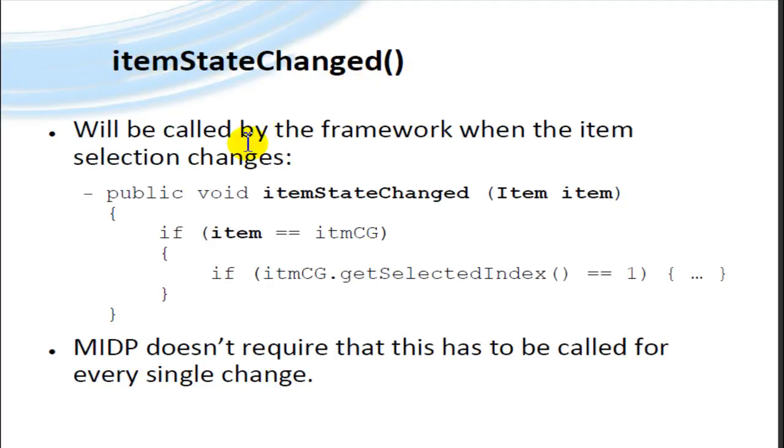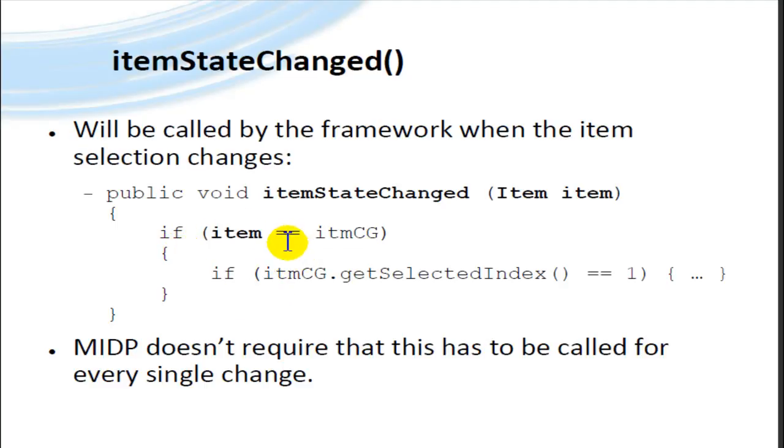This will be called when there is some state change on an item on the form, for example, and it will have one argument, that is item, because this will be called when some item changes state. That item is passed in, and then we're going to check whether that item is equal to item CG, like we did in our commands, where if the command type c was there, we said if c is equal to back, or if c is equal to exit, then we did something.